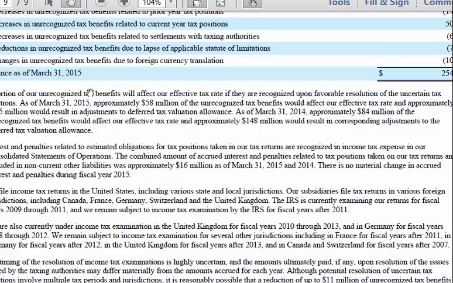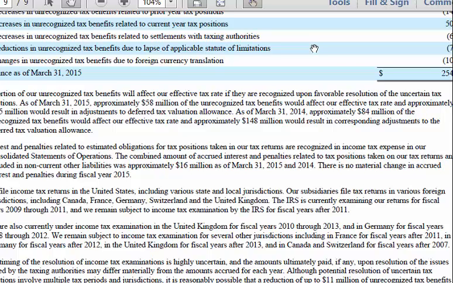Wait, sorry, say that again, 58 million. Why is it non-U.S.? We haven't read their full disclosure yet, but if you read it, which you should have because that was the homework, you would know that they have a U.S. valuation allowance. So the deferred tax assets that they record in the U.S., they record a valuation allowance against them. Okay? They don't say that in the same way for foreign jurisdictions.